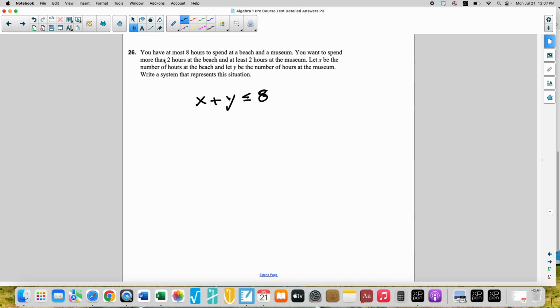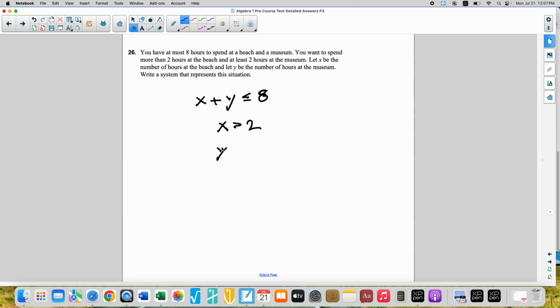Now you want to spend more than 2 hours at the beach and at least 2 hours at the museum. How am I going to write that? Beach is x, more than 2 hours, and I want to spend at least 2 hours at the museum.